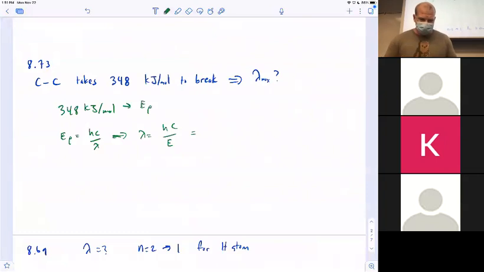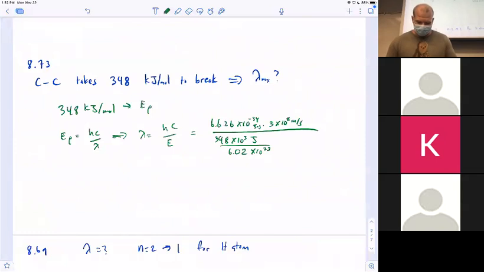So 6.626 times 10 to the minus 34 joule seconds, times 3 times 10 to the 8 meters per second, over the energy: 348 times 10 to the third joules divided by 6.02 times 10 to the 23rd, because you have per mole.